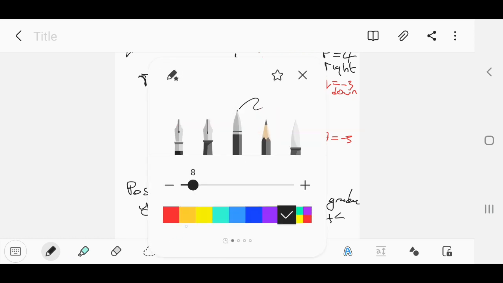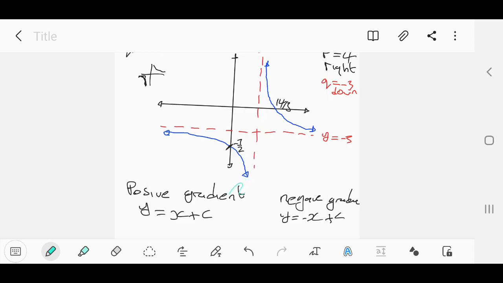So what is an axis of symmetry? Let me illustrate it on our function here. This is my axis of symmetry. It must pass through the intersection of the asymptotes. This is my axis of symmetry, and you can see it's the one that has a positive gradient.